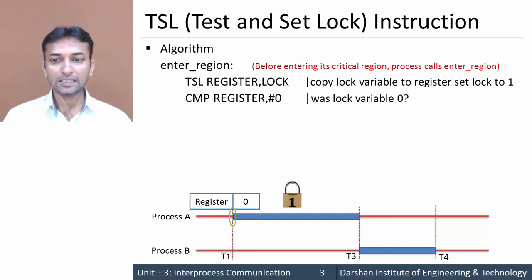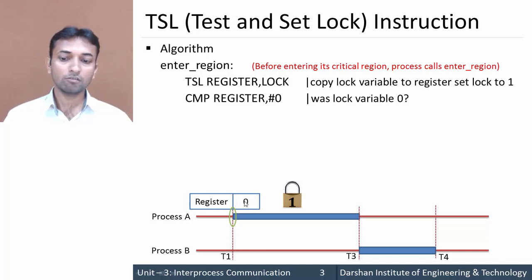Then the second instruction, compare register, 0. This instruction will simply compare the value of the register with 0, meaning was the lock variable 0. So here we will compare whether the register value is 0 or not. Now either the value of the register is 0 or 1.